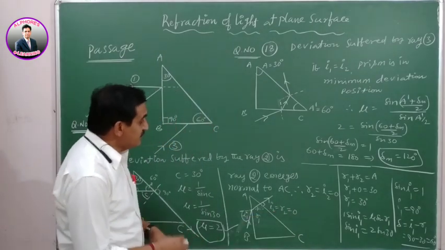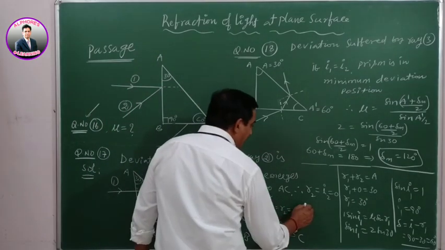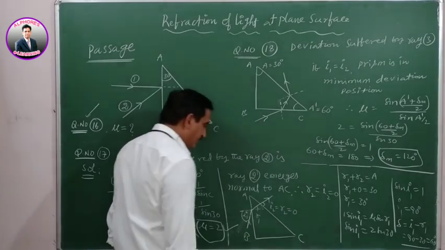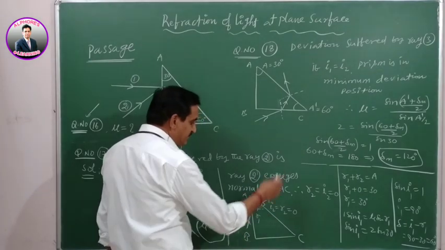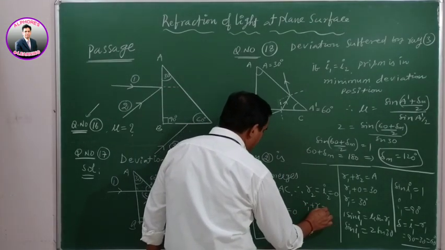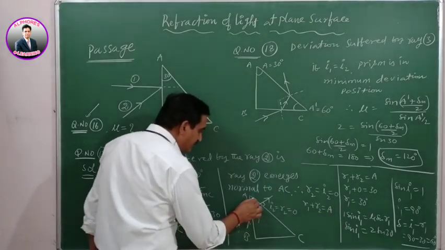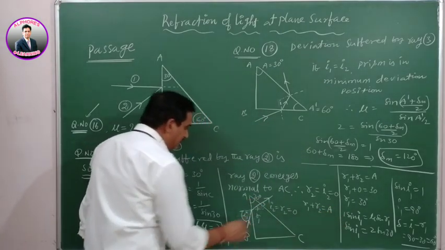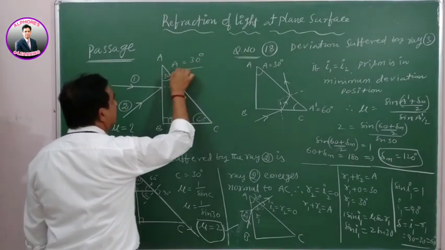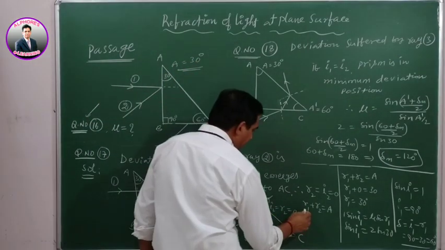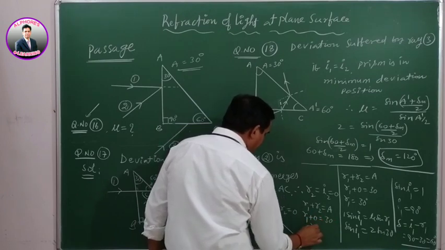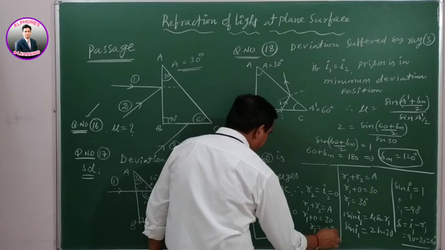Now using the condition, R2 and I2 is 0, because it is emerging normal to AC. Therefore R1 plus R2 is equal to A, the angle of prism, which is 30 degree. Therefore R1 plus 0 is equal to 30 degree. R1 is equal to 30 degree.